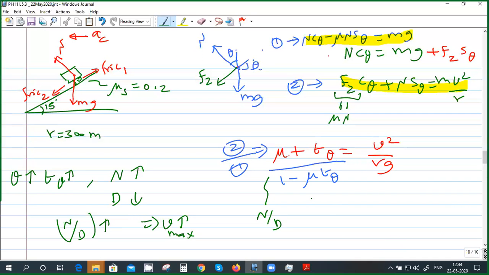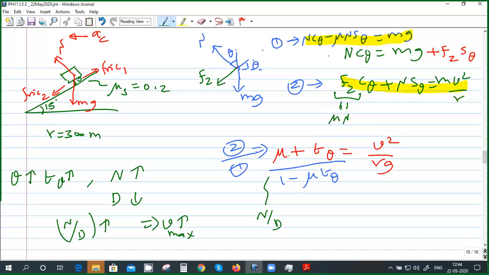There is one more interesting thing to observe. Theta cannot be too high. What will happen if theta is too high? The object will topple over. Toppling is one problem. Fine.